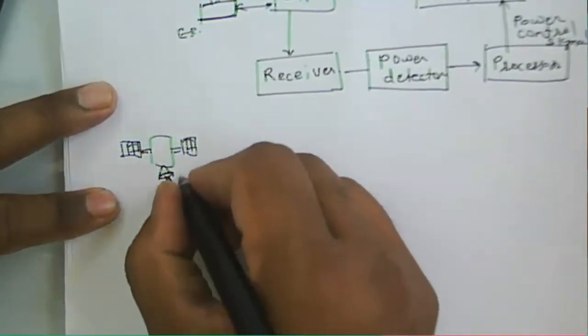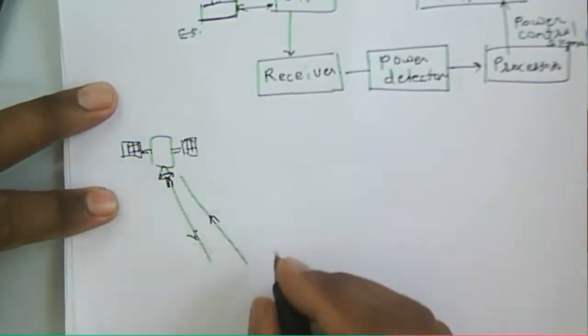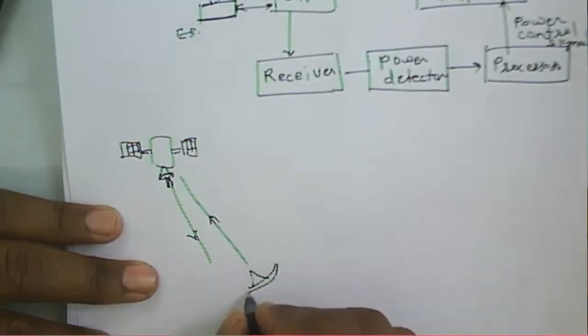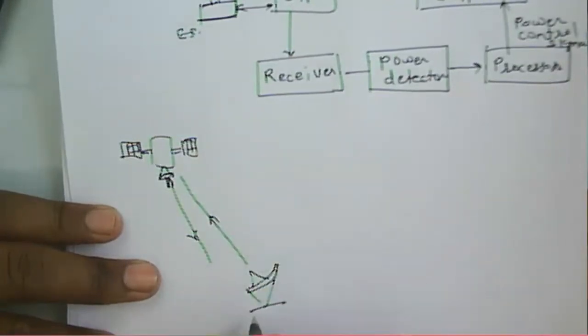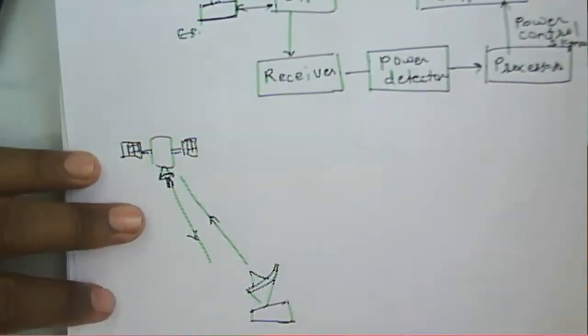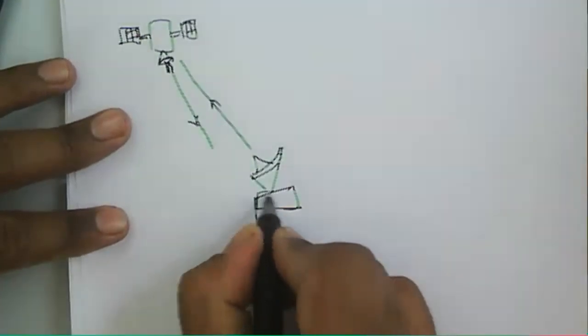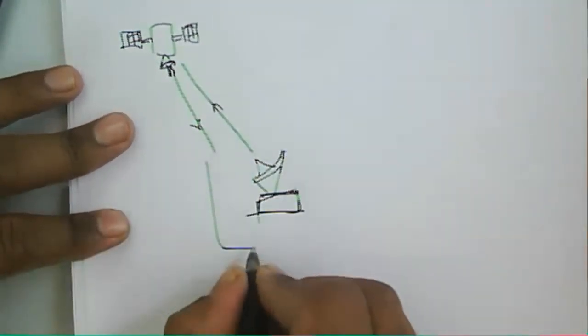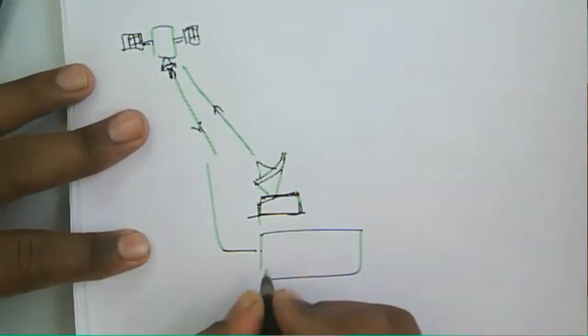That signal is transmitted on the uplink and the downlink, and it will be received by the earth station. Signal will be received by the earth station here, at the telemetry receiver.